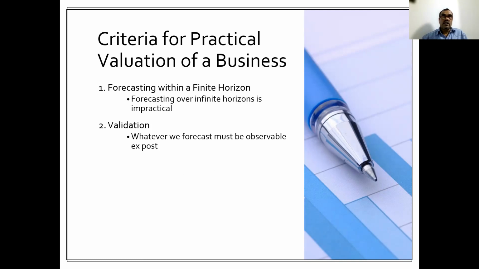Your value is with lots of flows. So therefore, if you can have some kind of observable in the future, not during the entire infinite time period, at least once you have done the evaluation, you can check whether the next year's results are in line with the forecast that you have done today.